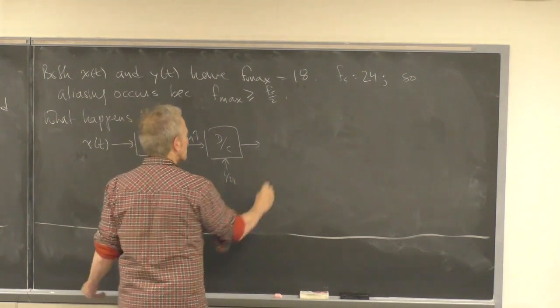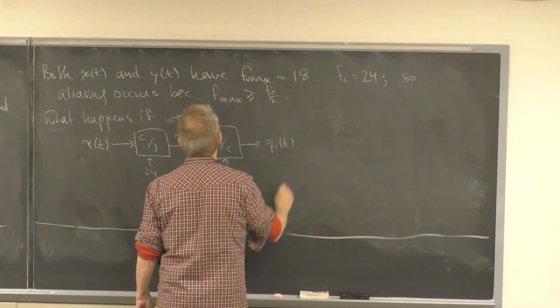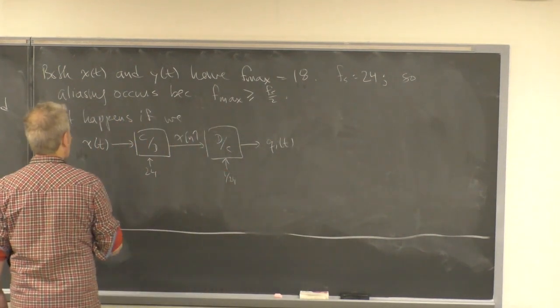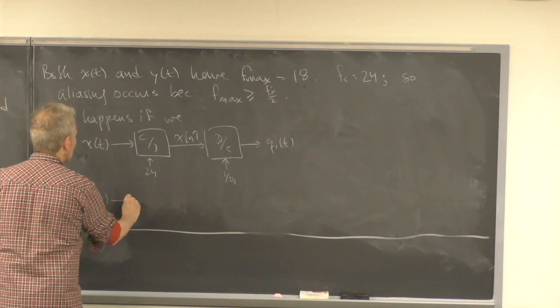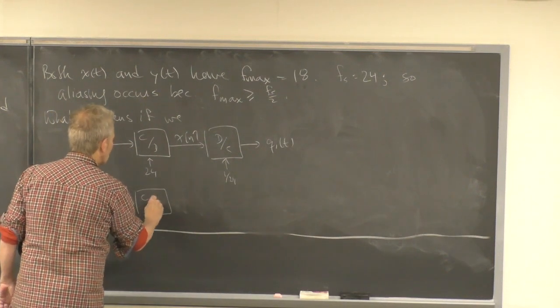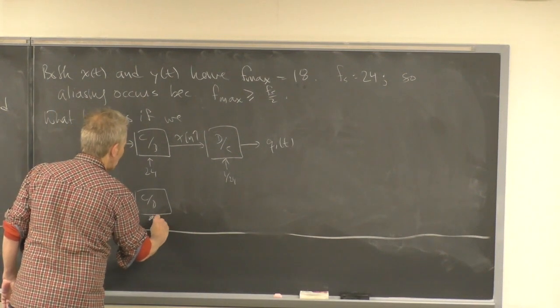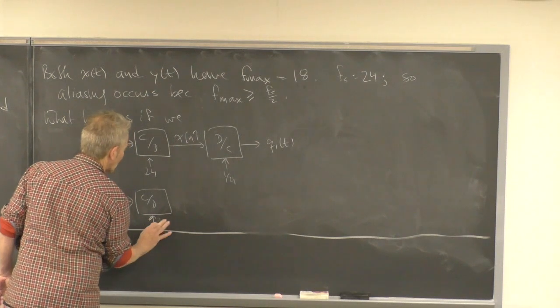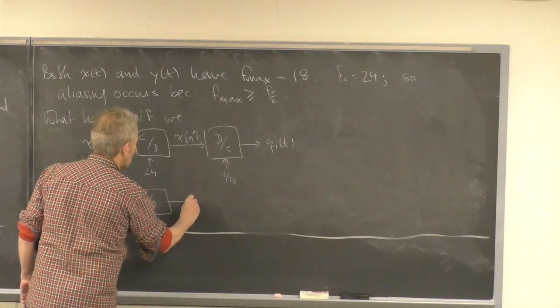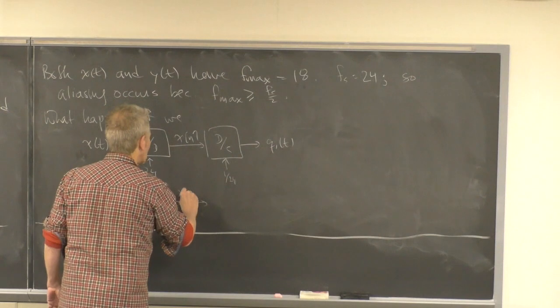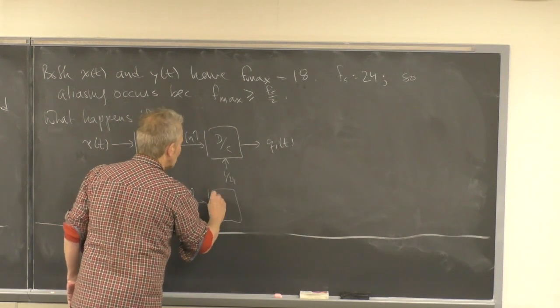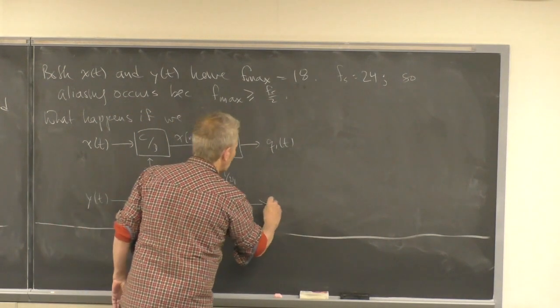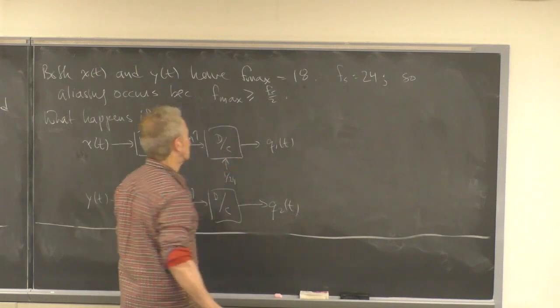Something's going to come out. Let's call that q1 of t. And y of t, same thing. This is the movie strobing at 24 hertz. Y of n comes out, and the D to C, and call the output of that q2 of t.